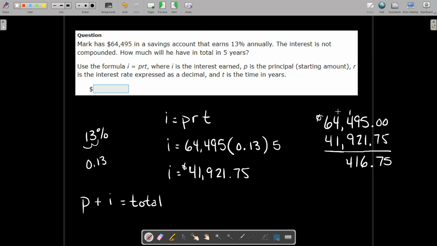That's 14. We're going to carry the 1 again. That's going to be, what, 6 there, I believe. And then 10. So we're looking at, in this case, how much will Mark have in the bank altogether is going to be $106,416.75. Mark's got a lot of money.